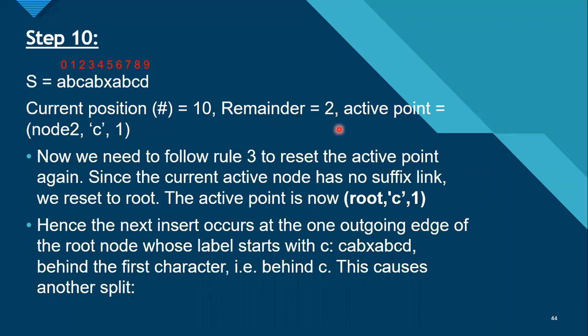And since we just successfully inserted a new suffix, the remainder gets decremented by 1. So it becomes 2 instead of 3. The active point is still node 2, C1.